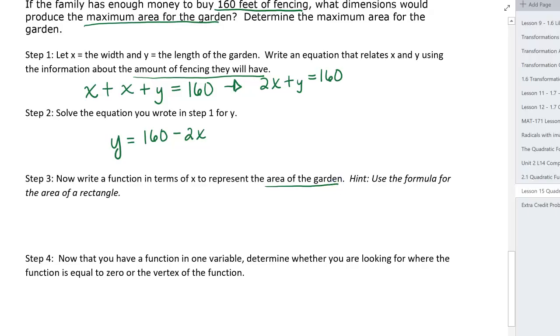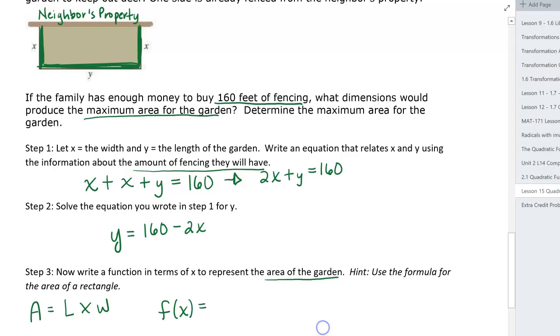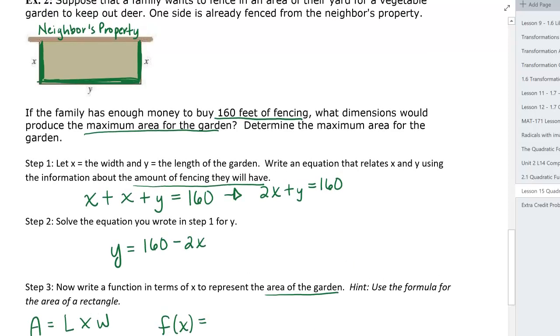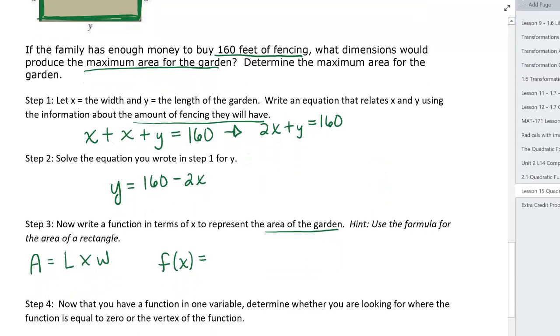And if you remember the formula for the area of a rectangle, it's length times width. So our function is going to be f of x is equal to, well, the length of the garden is going to be y, and the width of the garden is going to be x.